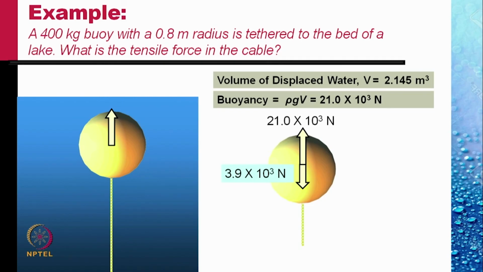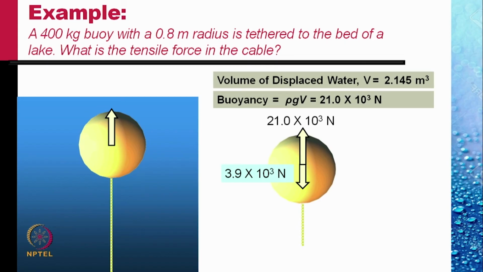On this free body diagram, we would have the buoyancy force, the tension in the string, and the weight of the buoy itself. So the buoyancy must be balancing the weight of the buoy plus the tension, and so tension would be equal to the buoyancy minus the weight of the buoy.